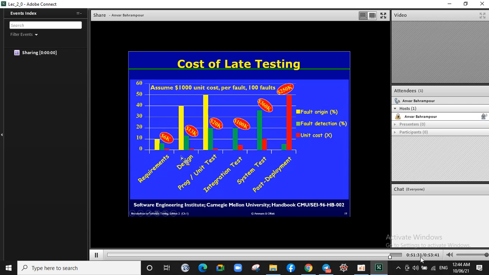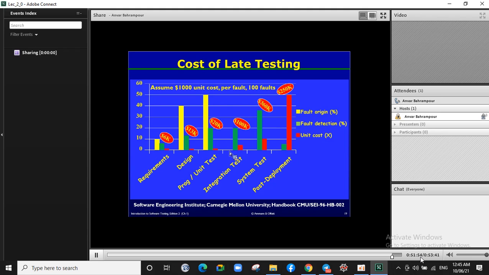Especially, we should try to detect faults in the first 3 stages, because the faults detected in these first 3 stages have little cost and could be neglected in the overall cost of the project.